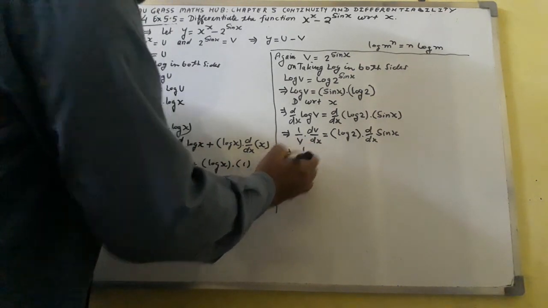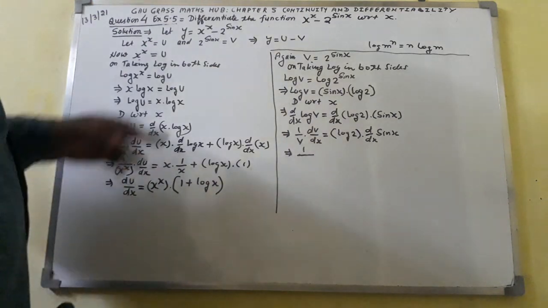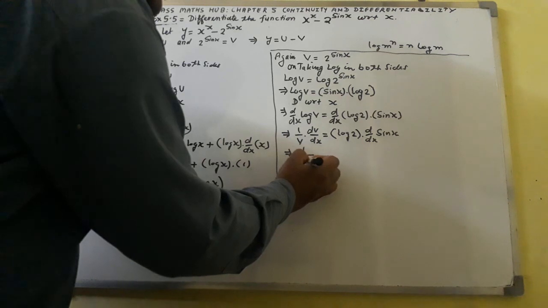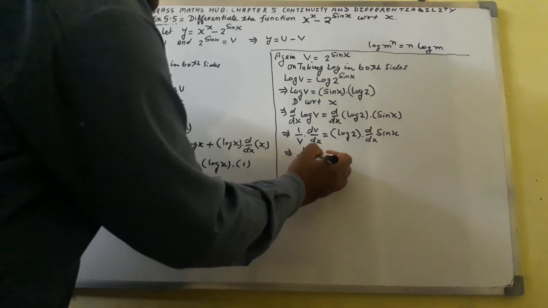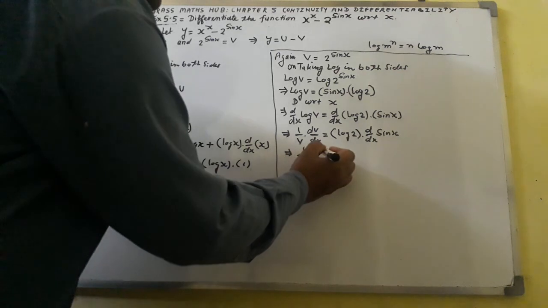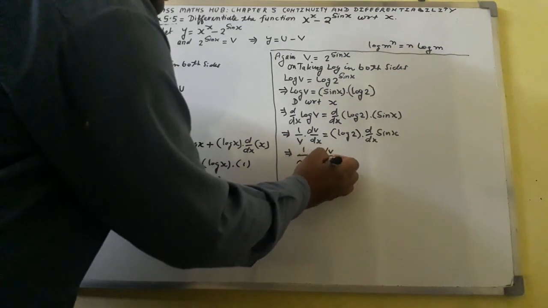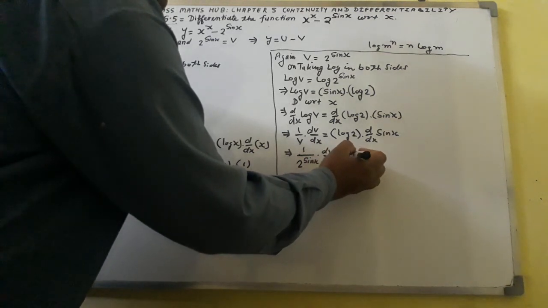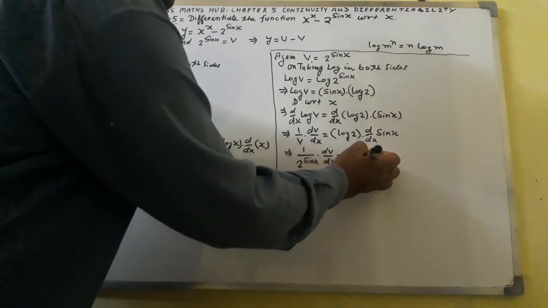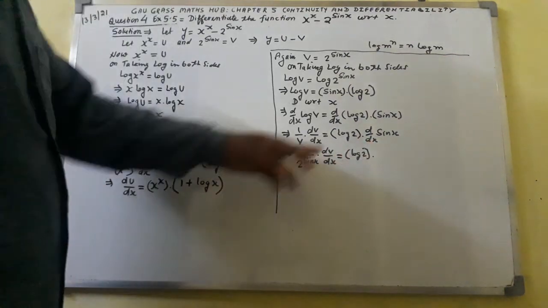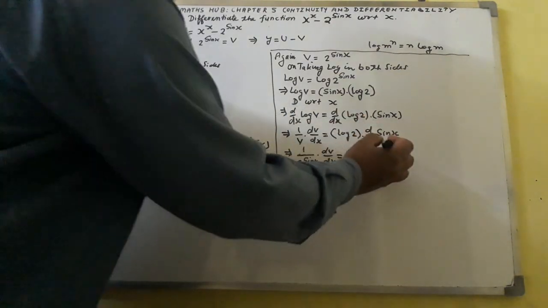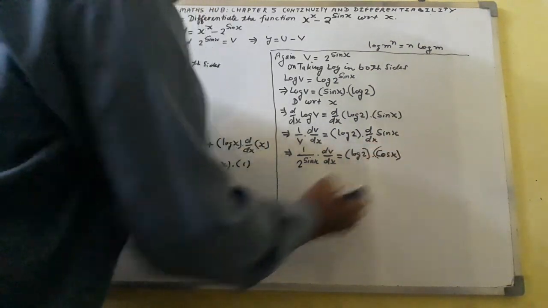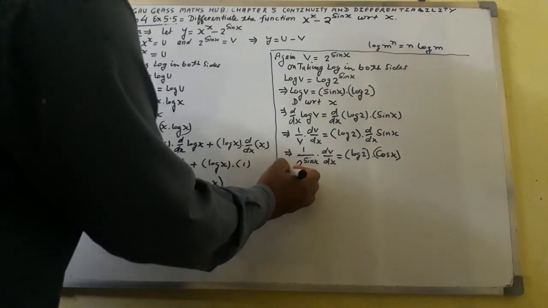Put the value of v; value of v I shall take from this place, 2 raised to power sin x.